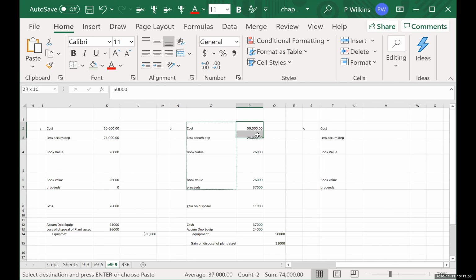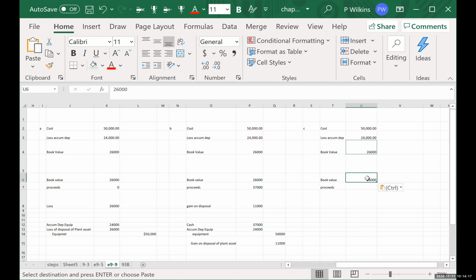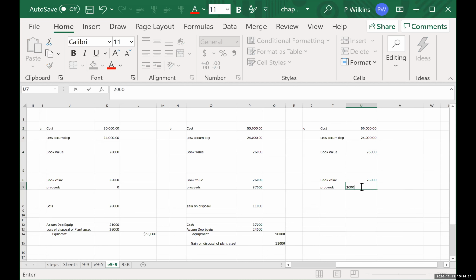So we have the same cost of $50,000. We have the accumulated depreciation of $24,000. This gives us a book value of $26,000. In this one, the proceeds are $20,000.